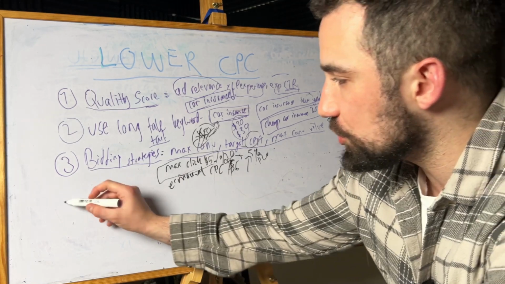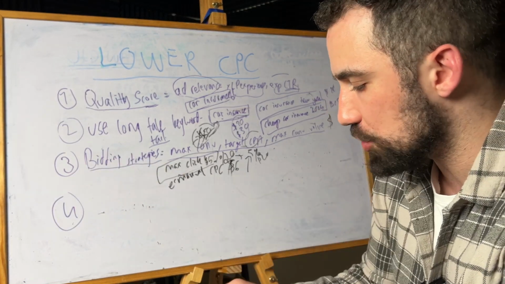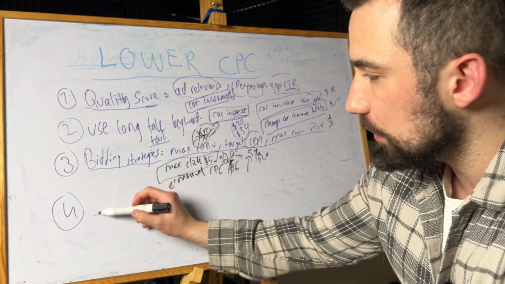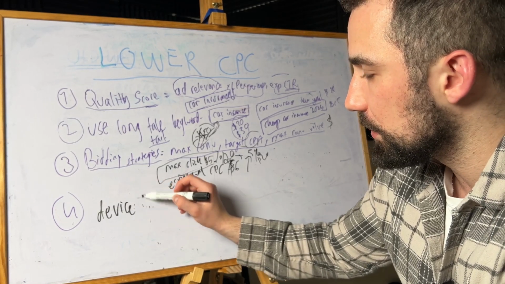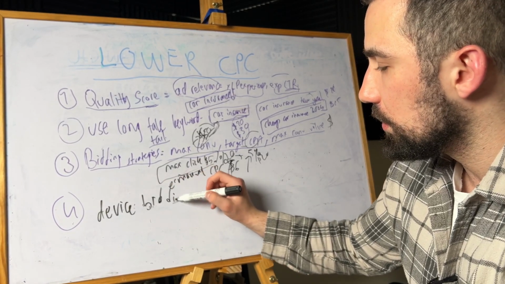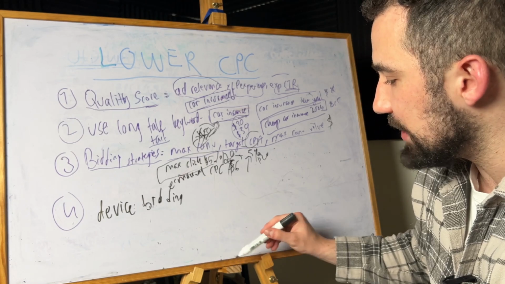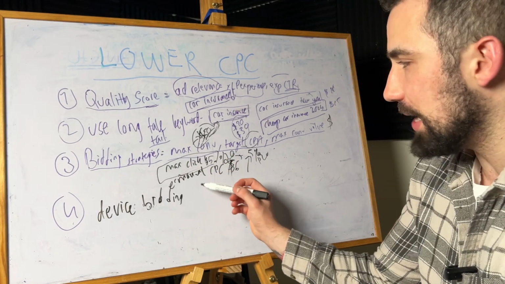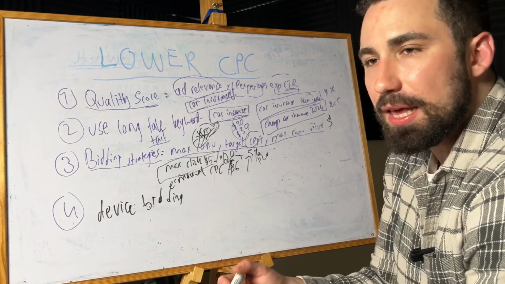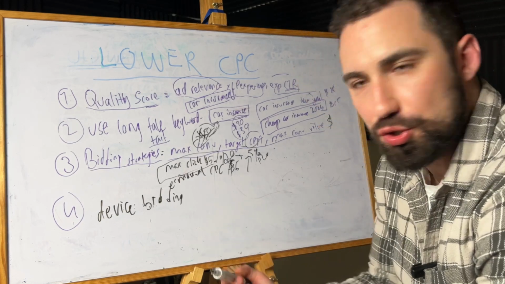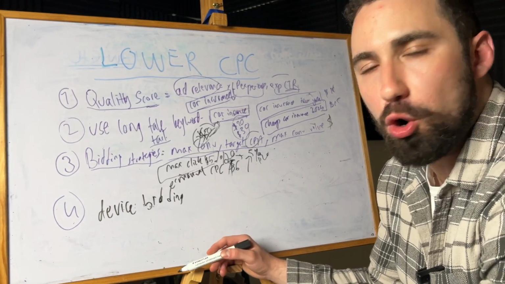The fourth strategy that you want to know is device bidding. You're going to look at your device settings and you're going to see, let's say, tablet, where you're bidding huge numbers, which is usually unlikely. You usually bid more on mobile.